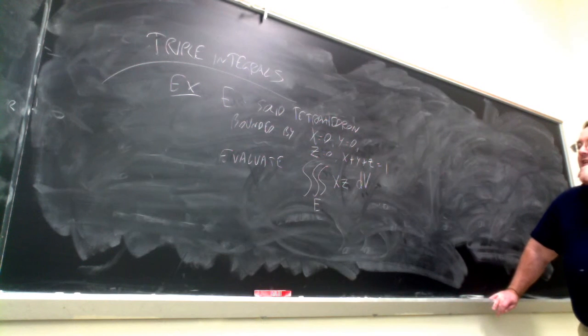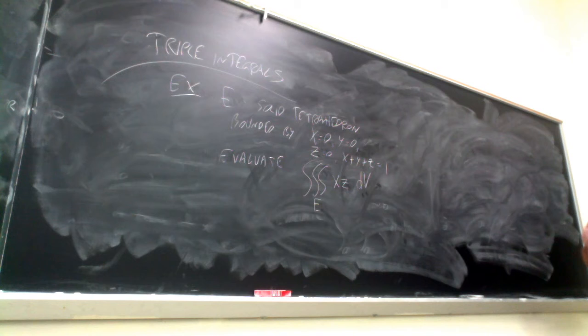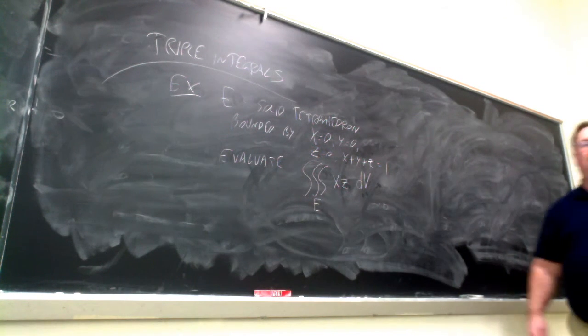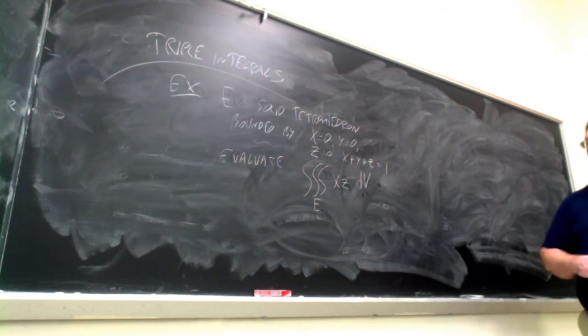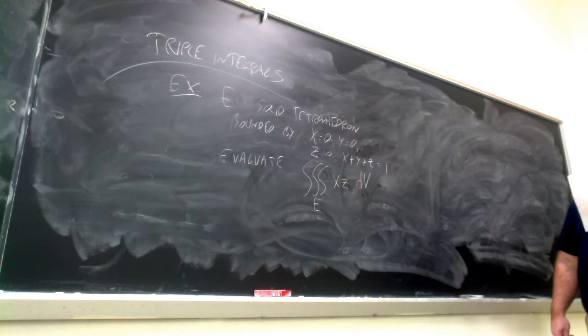If your integrand refers to a density that is not constant, so it varies over the solid, then integrating density over a three-dimensional solid is like density times volume, which equals mass. So it's a way to compute mass. It can be used for a center of mass, certain moments of inertia, things like that. So those are the most common applications of triple integrals.